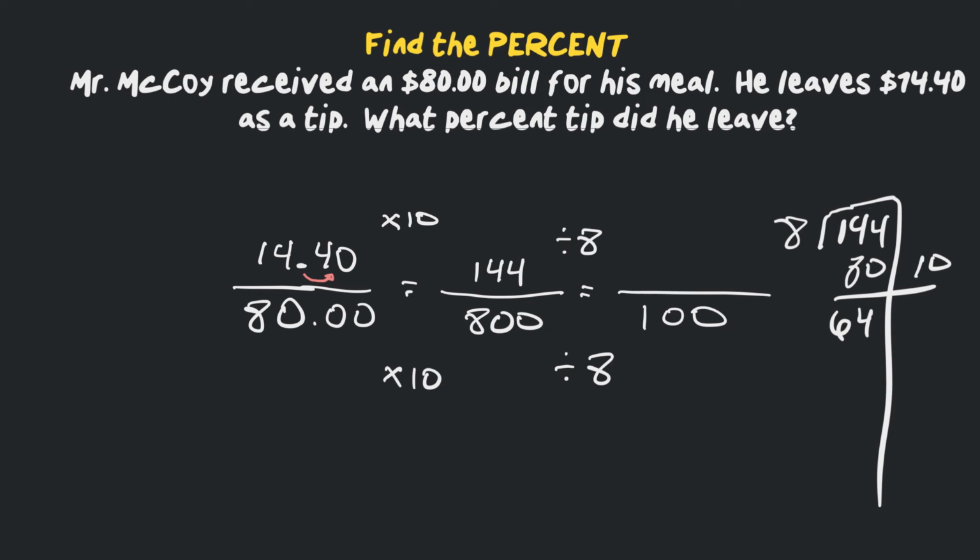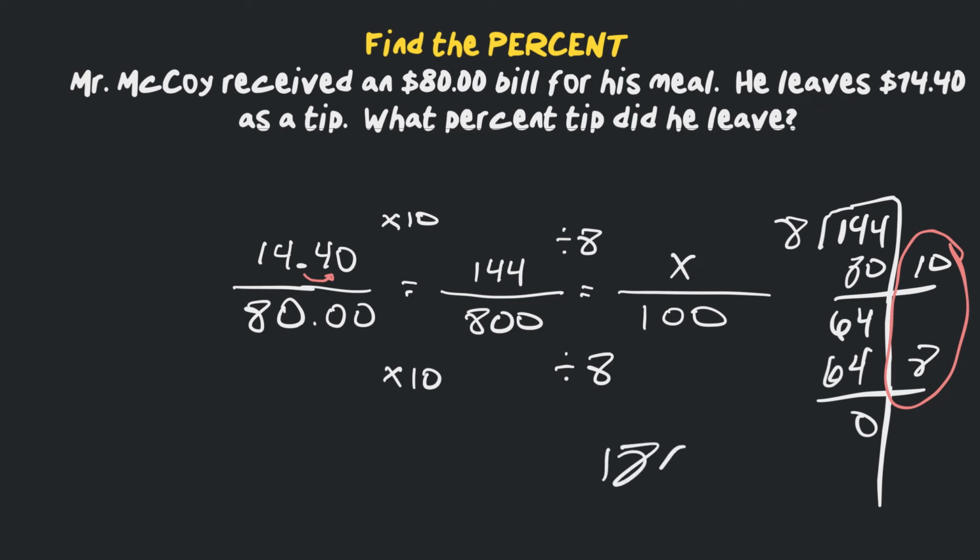Oops. I switched things. So then we get 0. Sweet. So all I have to do is add these two together. And I get 18%. Boom, shakalaka.